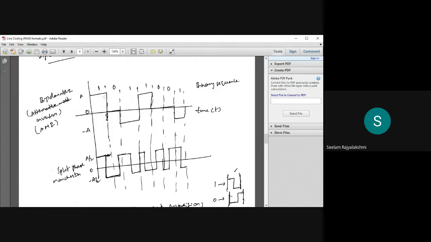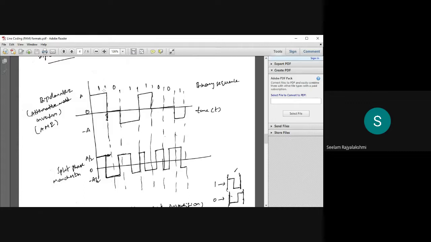That means we don't have the pulse returning to 0. For 1, it does not return at half the time period, it stays up for the full period, and for 0 it goes to 0, and next we have 1.